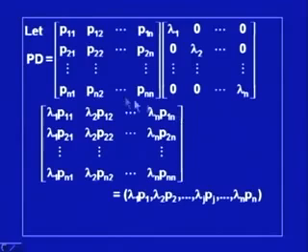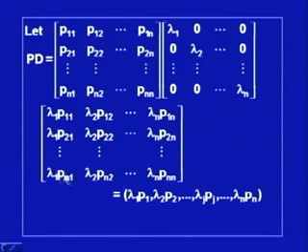And then I can perform the multiplication. It is p11 and lambda 1, the first element, then we will have p12 lambda 2, the second element, and then we will have lambda n p1n, which is obtained when this row is multiplied by this column. Similarly, p21 multiplied by this is this element, and the second row multiplied by the second column will be this element, and so on. So, this is the product of these two matrices.